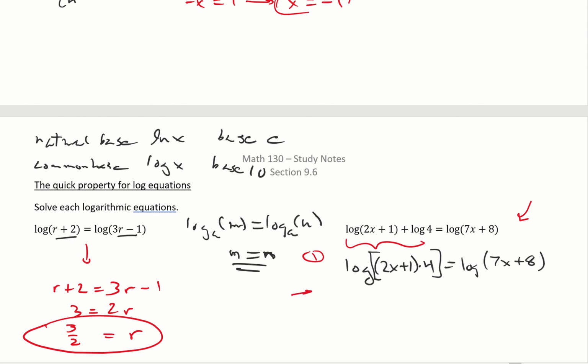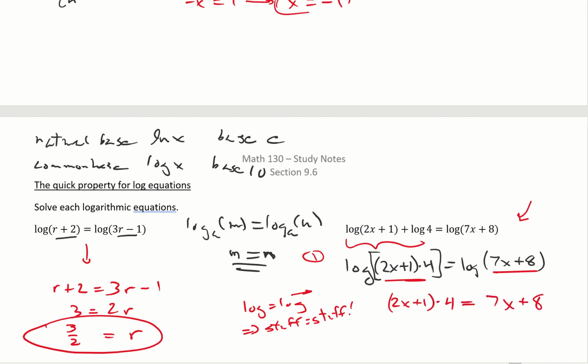So what we have is log equals log implies stuff equals stuff. To borrow from one of my colleagues, stuff equals stuff. And the stuff is this stuff equals that stuff. So we're going to write 2x plus 1 quantity times 4 is equal to 7x plus 8.